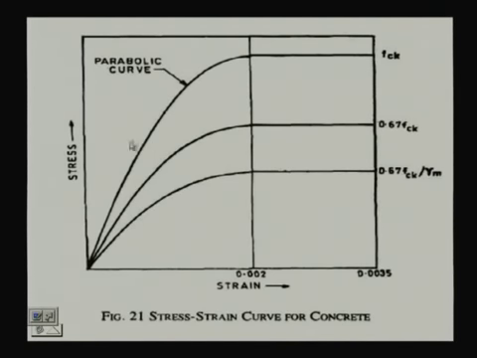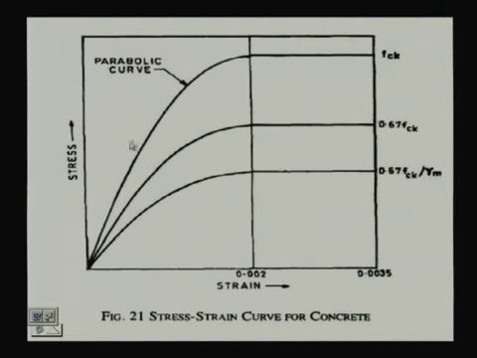What we consider here is the cube strength, M20, 20 Newton per square millimeter, M25, 25 Newton per square millimeter. We shall take 0.67, that means 2/3 of that cube strength or characteristic strength for our design purpose. So we consider 0.67 fck, and 0.67 fck divided by gamma m. Gamma m is the partial safety factor of material.